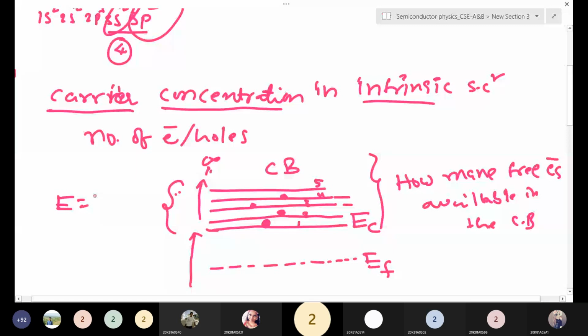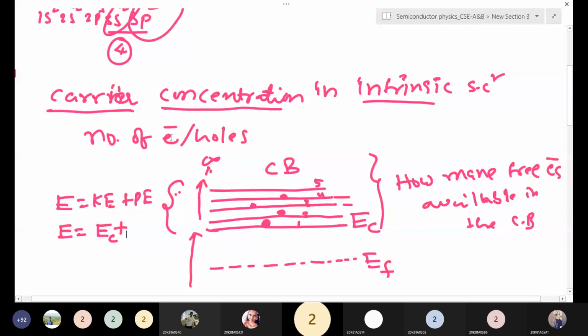The total energy of the electron is potential energy plus kinetic energy, so the kinetic energy of the electron is E minus the potential energy.